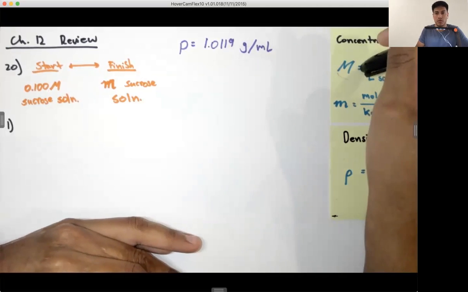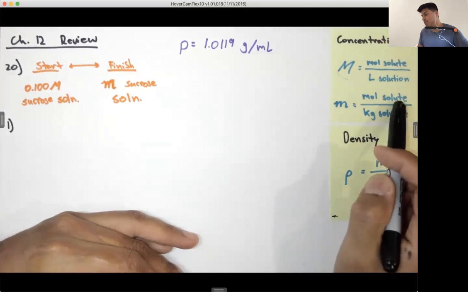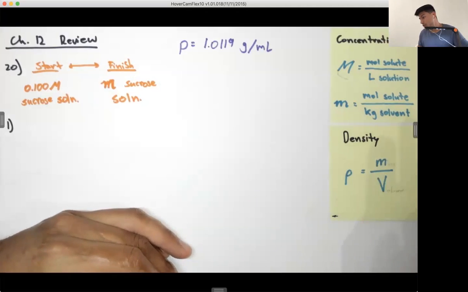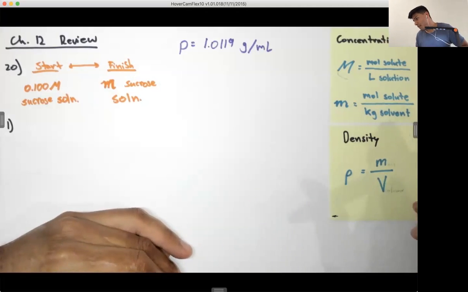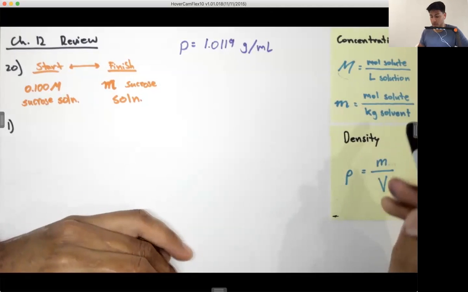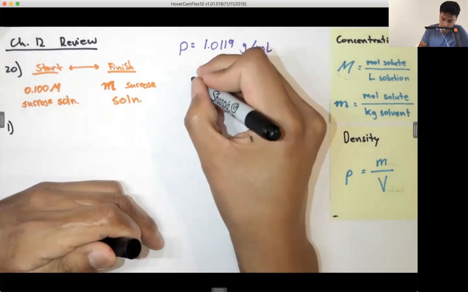So that's why we use the molarity as our starting point, because it does give us something that we need at the very end, okay? Now, remember though that we need to find the mass of the solvent, okay? We have moles of solute. What is the moles of the solute?